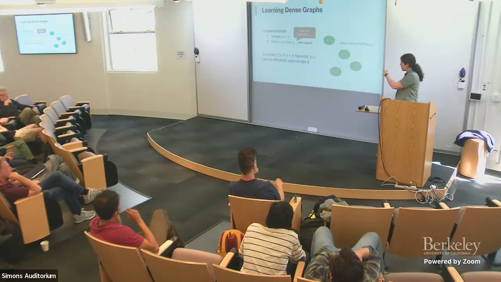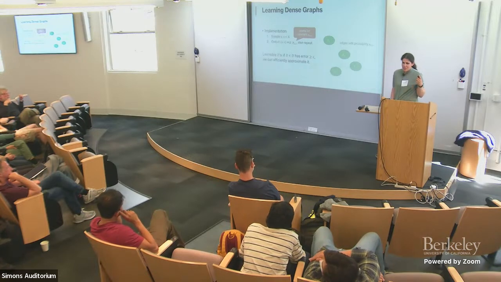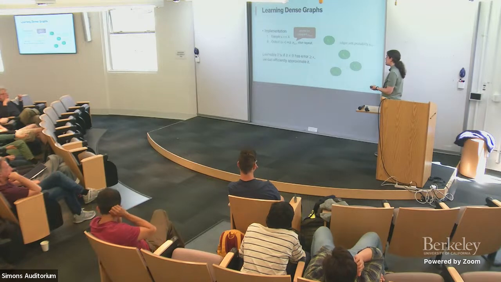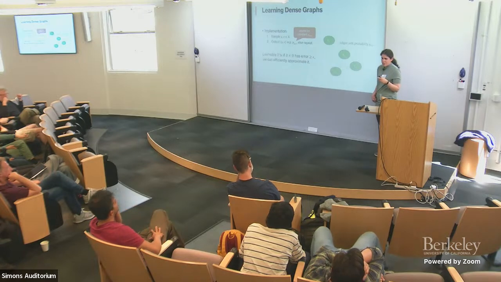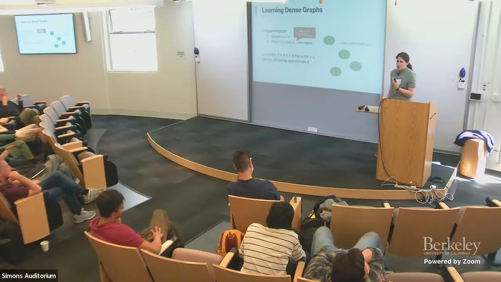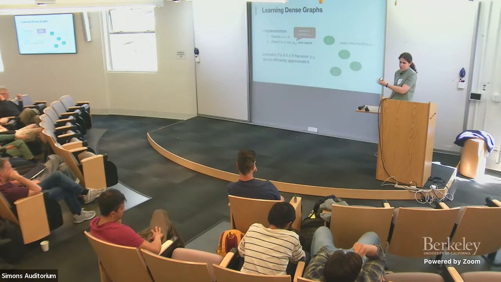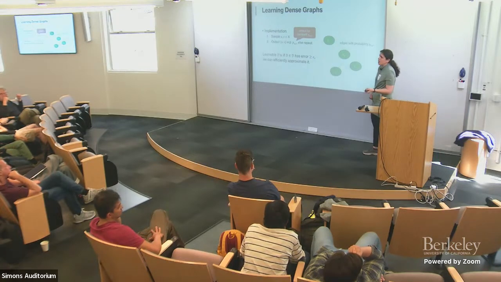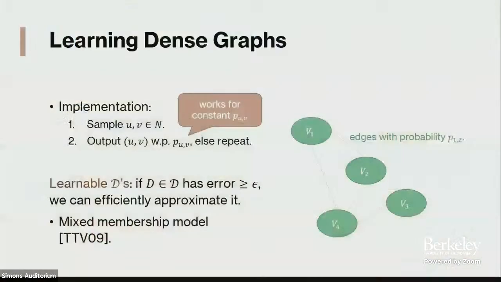But if we have a slightly more complex set of distinguishers, which are learnable, what I mean by this is the same as was mentioned before here: if we have some distinguisher D that has advantage more than epsilon, then we can approximate the sets U and V of this distinguisher. And then by a boosting algorithm, which is actually the same mixed membership model as GTV, we get a mixed membership model, the same result exactly.